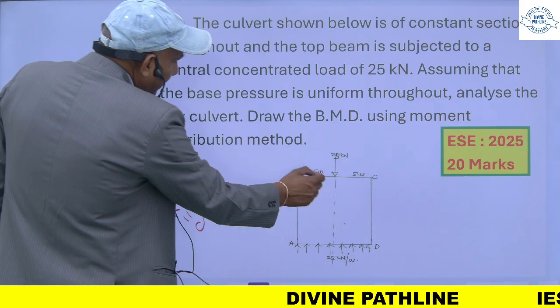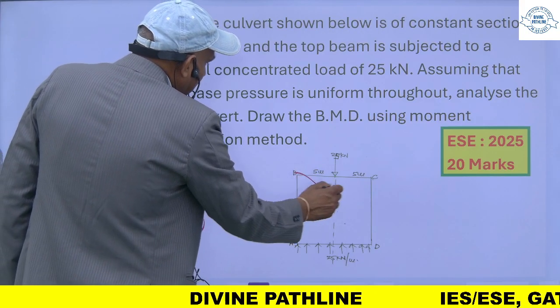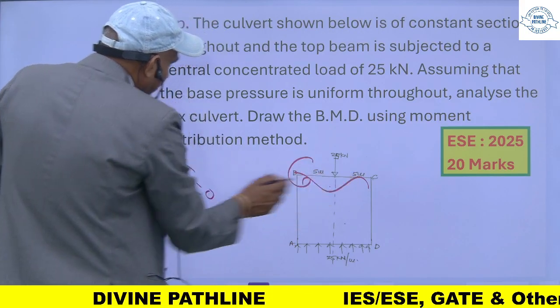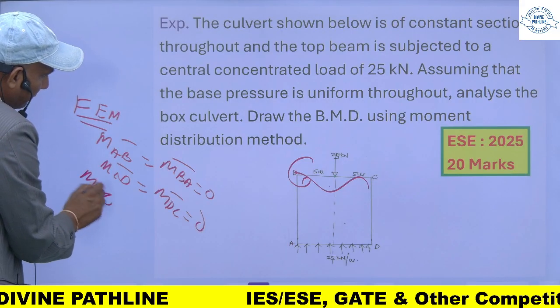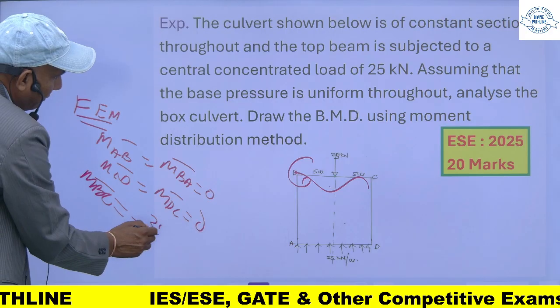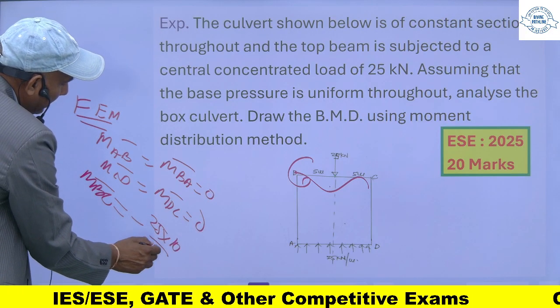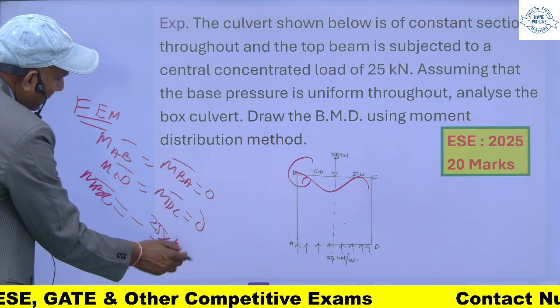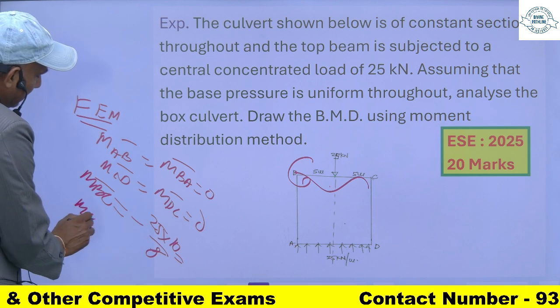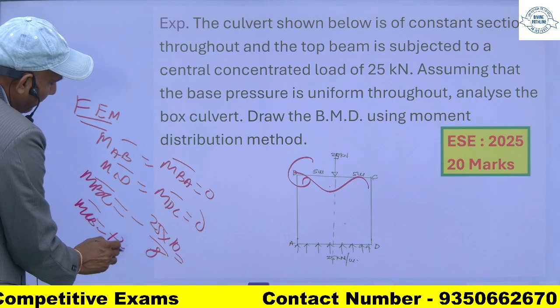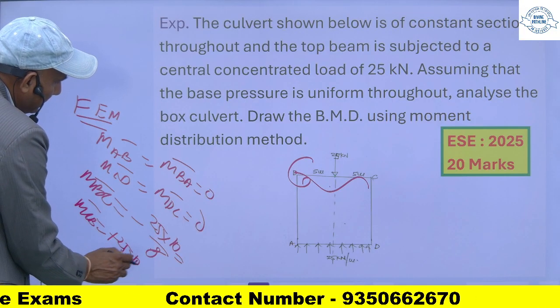For this member, if you sit here, this will bend like this. So MBC will be anti-clockwise, and this will be 25 into 10 upon 8. This is the formula. And for CB, it will be plus 25 into 10 upon 8.